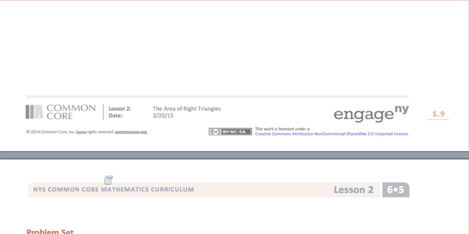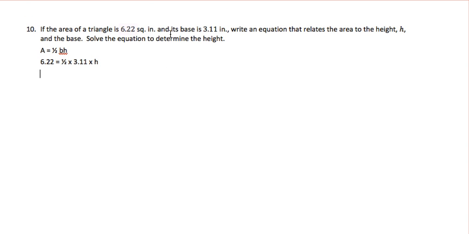So to solve this equation, we need first of all to combine our like terms. On the right side of our equation, we have 1/2 times 3 11/100. So we'll have to multiply those two together first before we try to divide to solve.